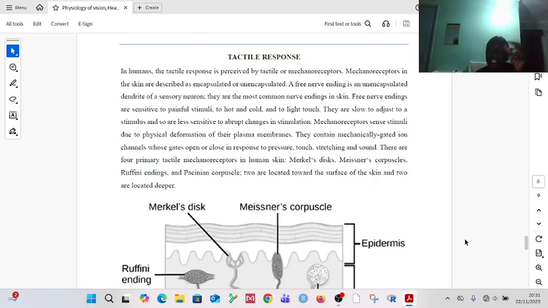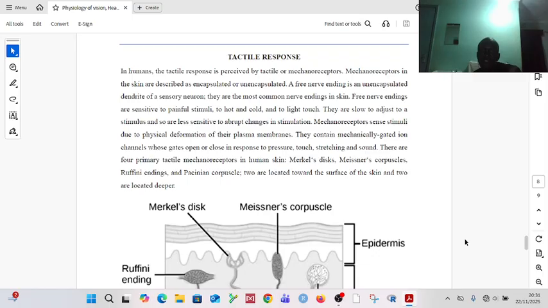So when there is a touch, that touch leads to the physical deformation of the plasma membranes of those mechanoreceptors. Their plasma membranes contain ionic channels which are mechanically gated.